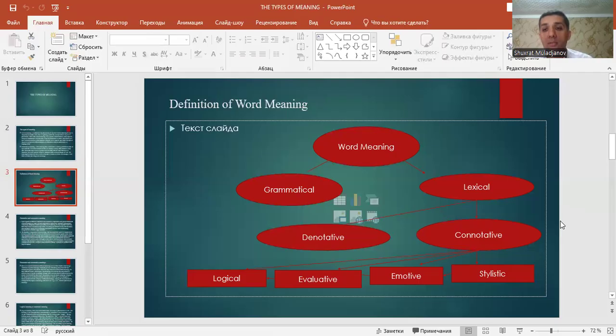What about connotative meaning? Connotative meaning, or connotation, is the relationship of words with their indirect meaning. Here one word can demonstrate several types of meaning according to the utterance and the context.